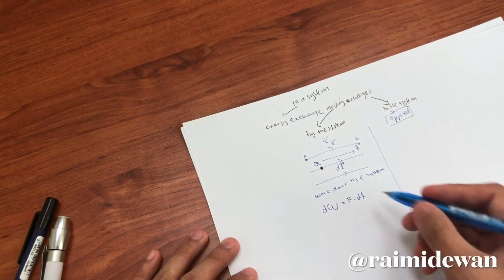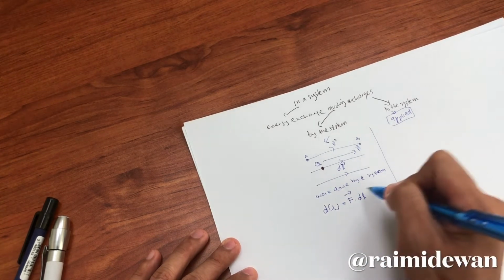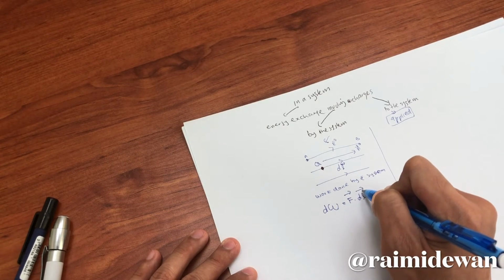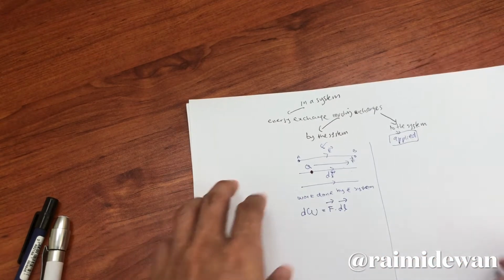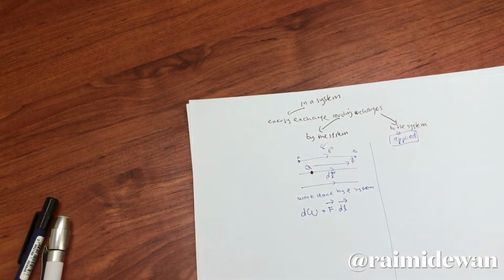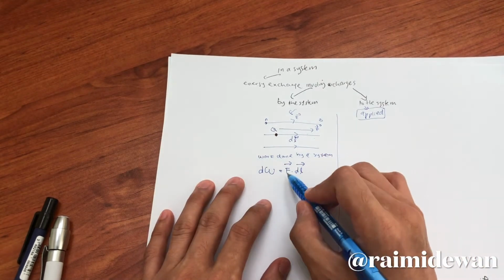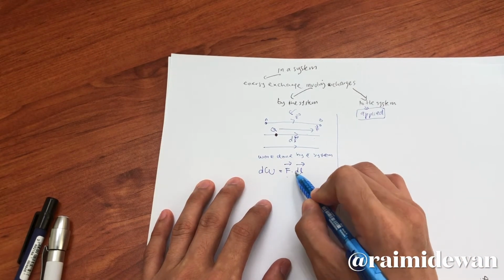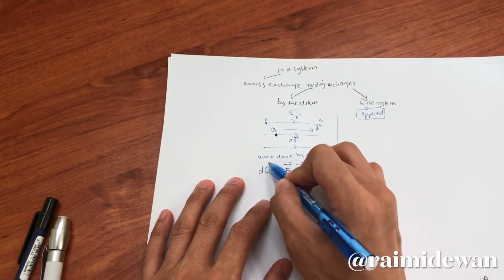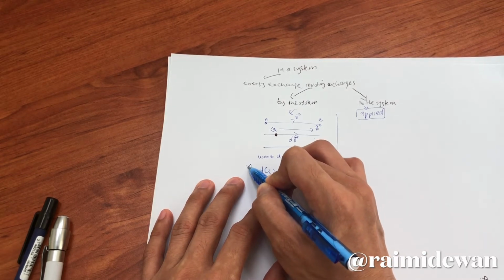F is your force and dl is your differential displacement, the movement from here to here. Judging by this, you should know that a vector dotted with a vector results in a scalar energy.